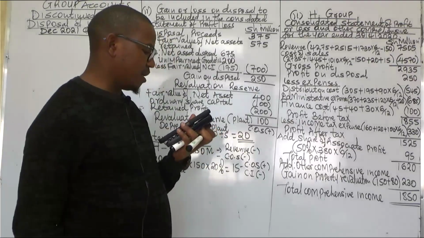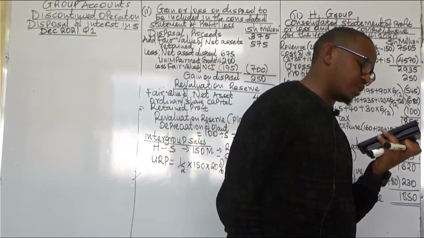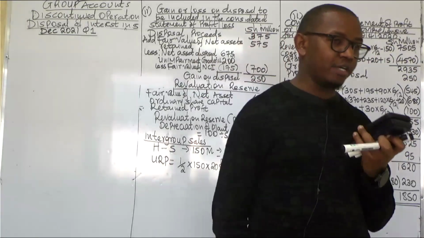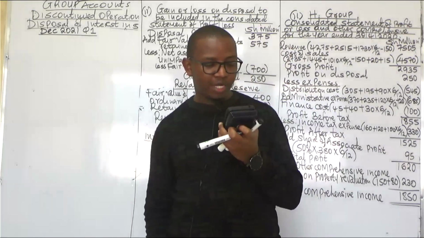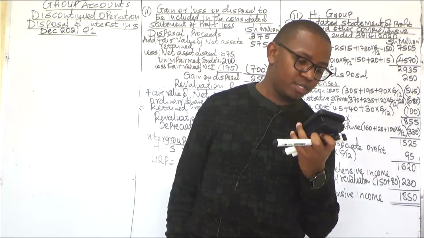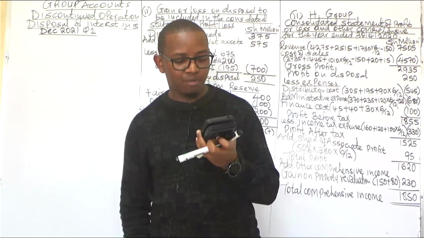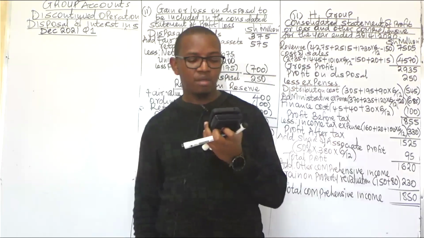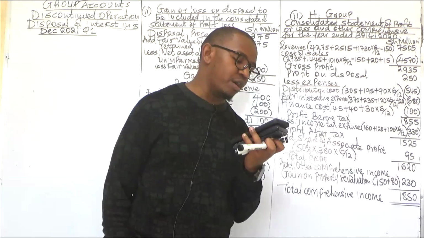Pareto Limited is the holding company of a listed group of companies with its year ended 30th June 2021. Pareto has made a number of acquisitions and a disposal of an investment. Following summarized draft statement of financial position relate to group companies for the year ended 30th June 2021.